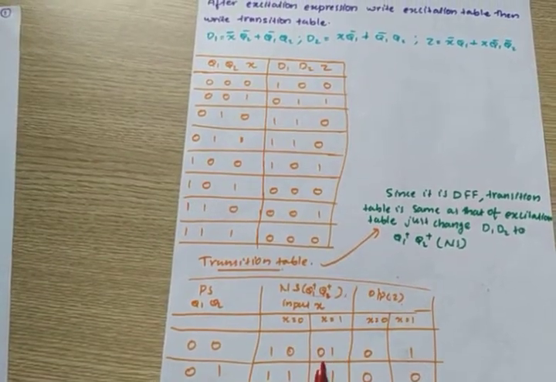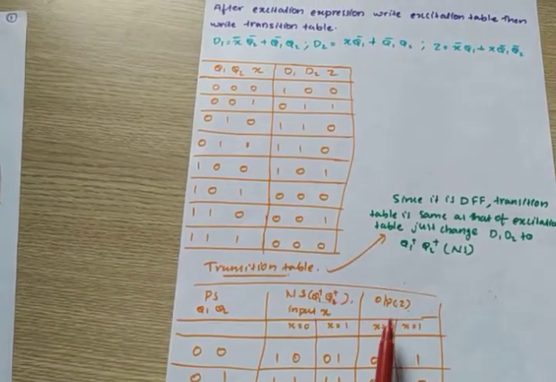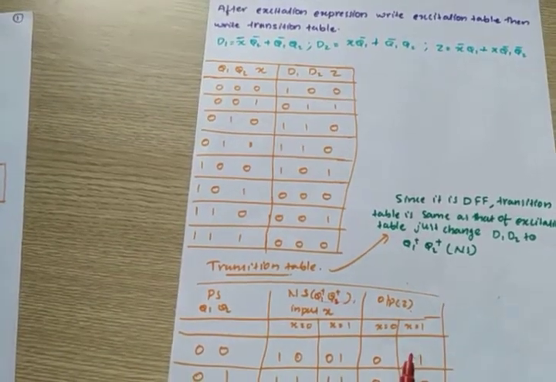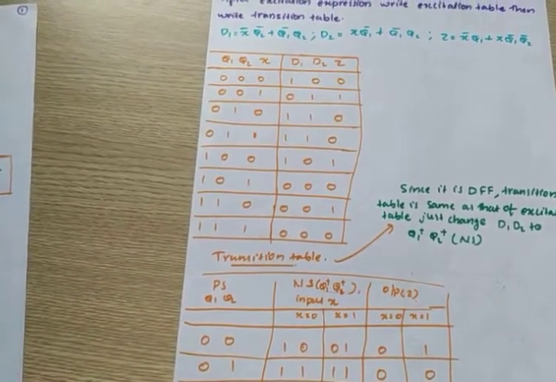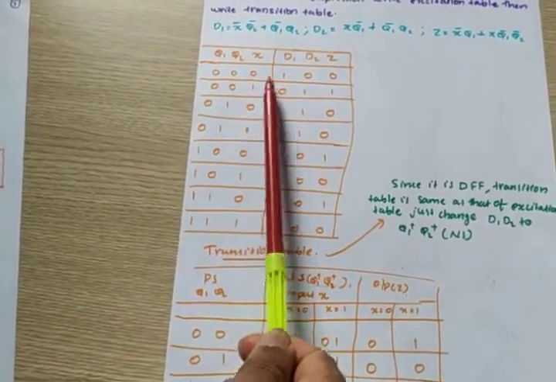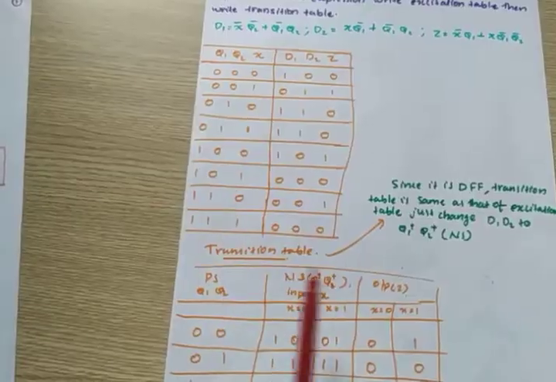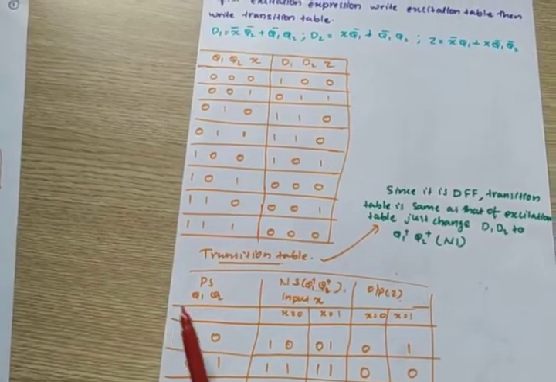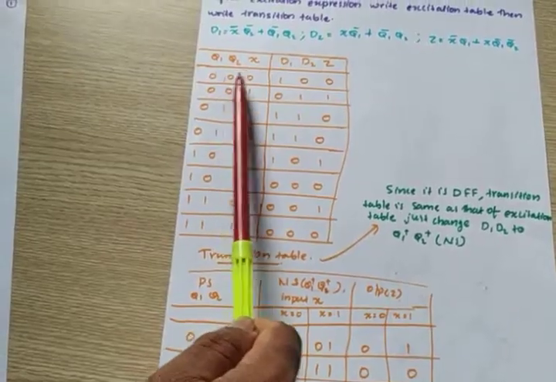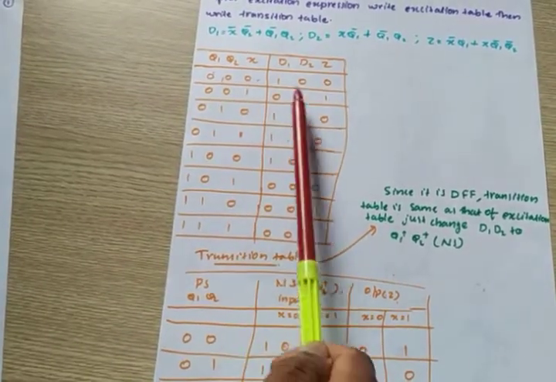For X input 1, what is the next state? For X input 0, what is the output? For X equal to 1, what is the output? Look here first, you just write the values from this table. So 0 0 for input 0, what is this D1 D2?